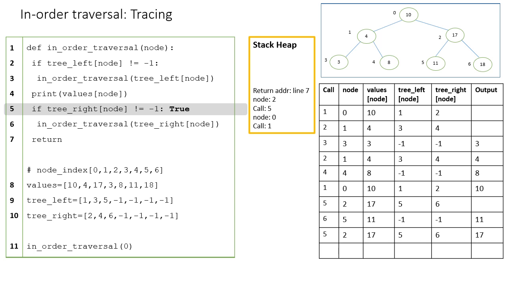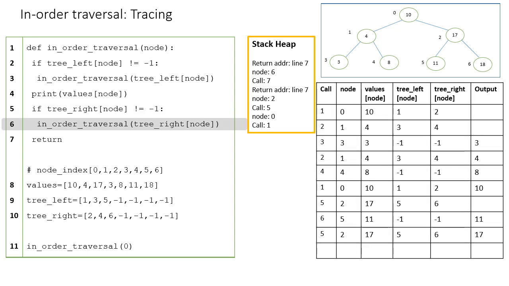On line 5, we see that our tree right node value is 5, so therefore the if statement evaluates to be true. We then execute line 6, which is an additional call now to in-order traversal. So we're now on call 7 to in-order traversal.